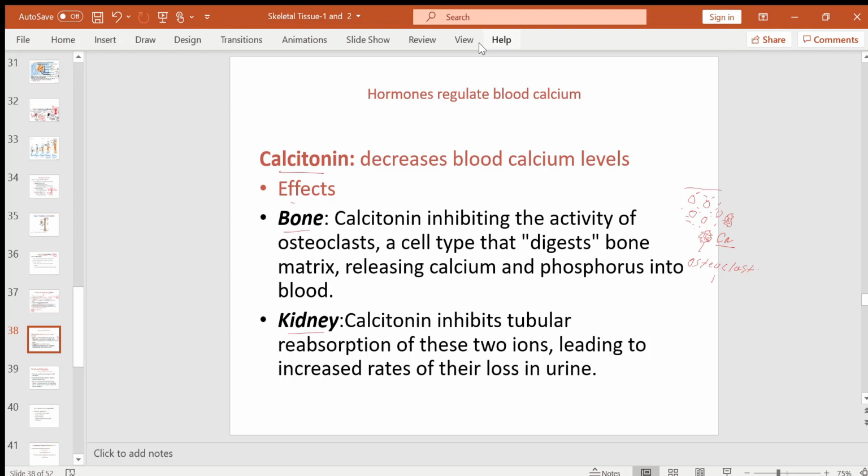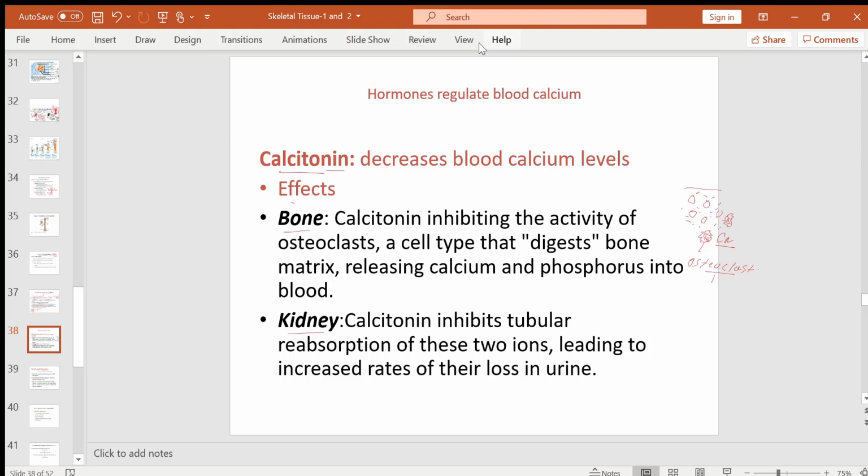So calcitonin does what? It sends a signal to the osteoclasts to sleep, don't work; it inhibits the osteoclasts. So osteoclasts will not break the matrix of the bone, so the calcium will not come out from the bone.